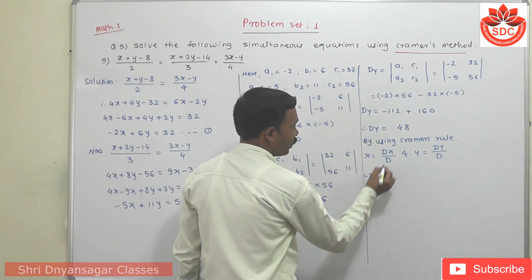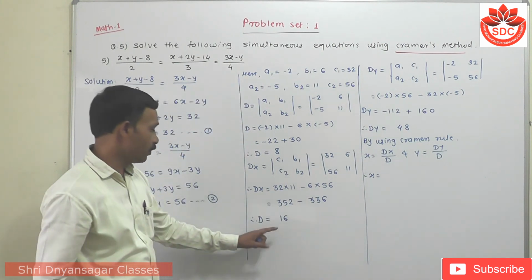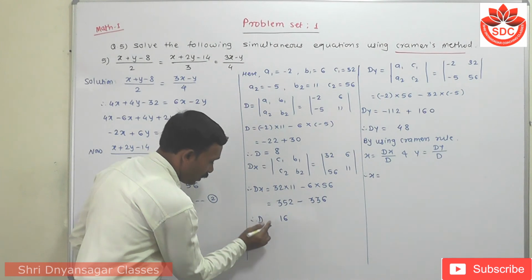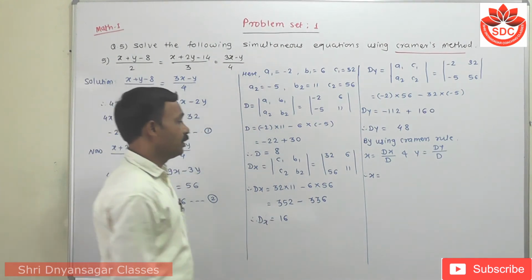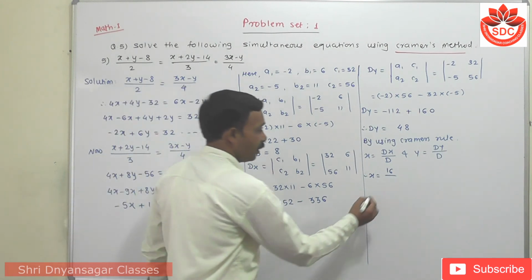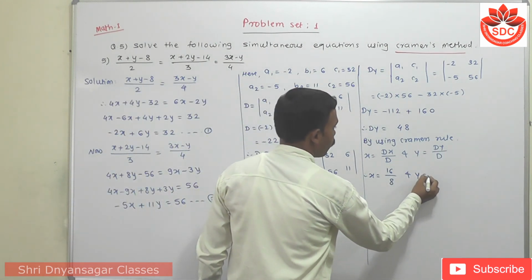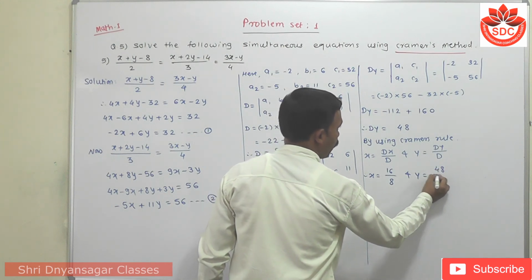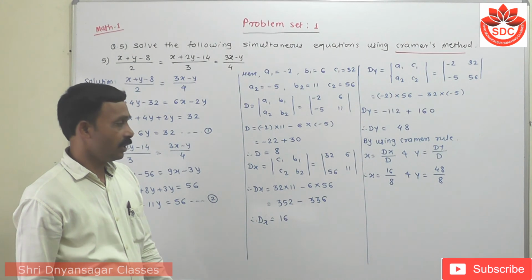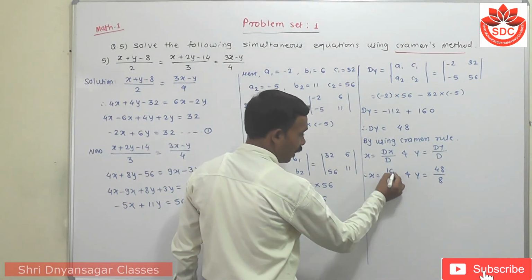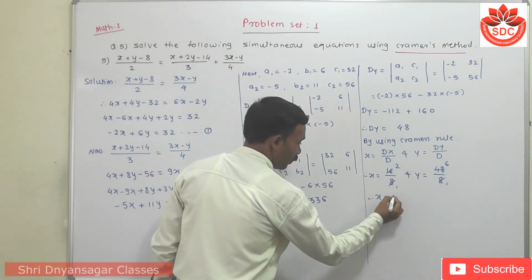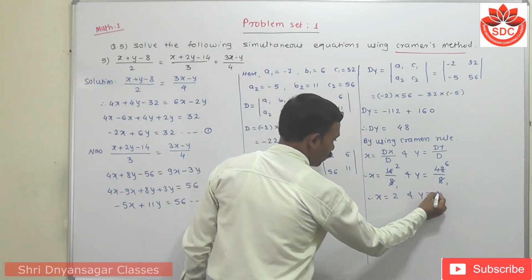Therefore x is equal to Dx, here Dx is equal to 16, 16 upon the value of D, which is 8. Simplify by using 8. Therefore x is equal to 2 and y is equal to 6.